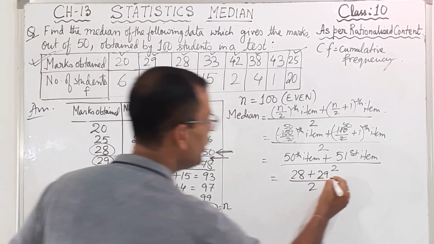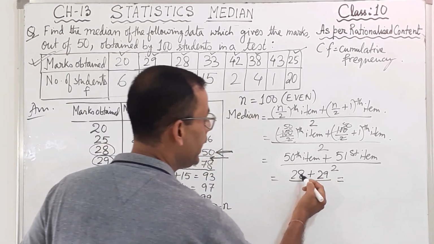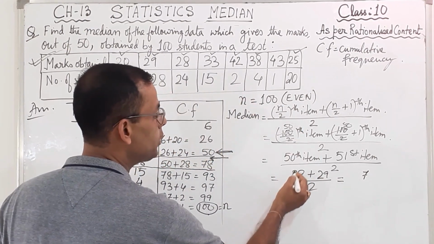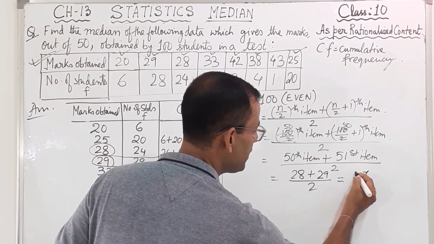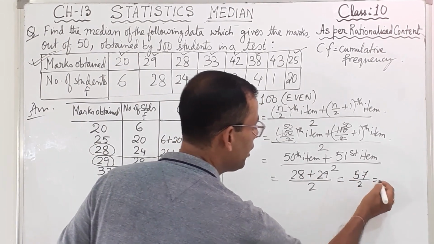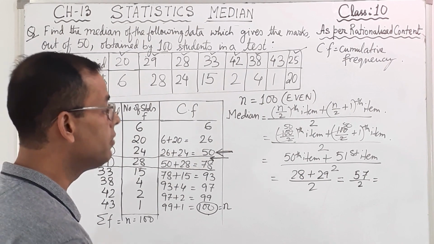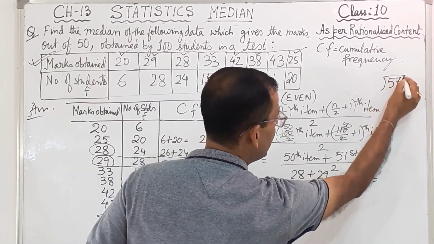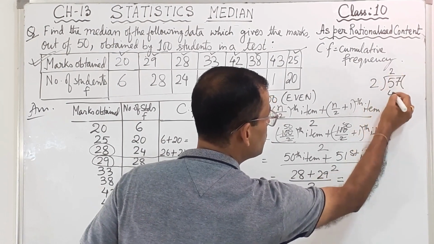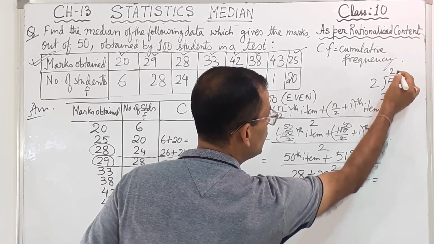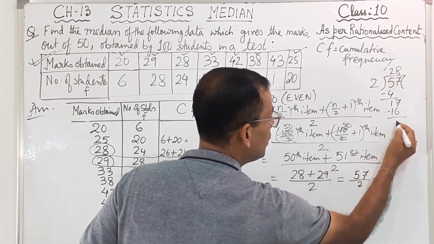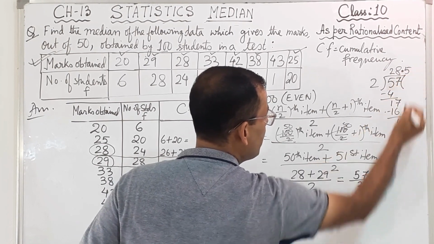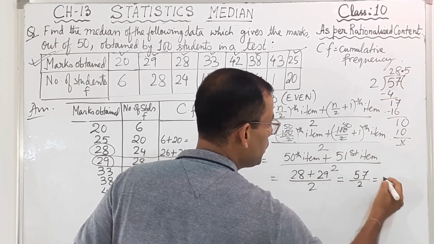Now we will add these two. 8 and 9, 17. And 1 carry 2 plus 2, 4 plus 1, 5. 57 by 2. Now 57 divided by 2, how much will it come? 2 2s are 4, 1 carry 7, 2 8s are 16, 1 carry, then 0 we will put because we are putting a point, then 2 5s are 10. So what do you get?